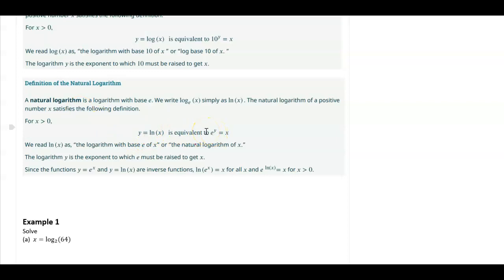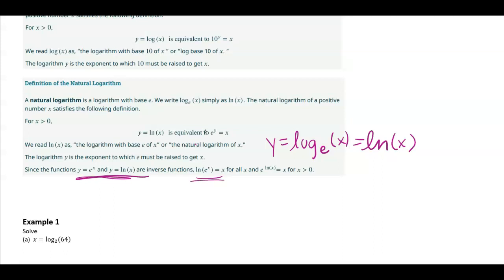So instead of writing log base e of x, we just write the natural log of x. Notice again that e and natural log are inverse functions, and so these things are true. If you have log of e, it basically just cancels out. It's like squaring a square root. And if you have e to the natural log, same thing over here.